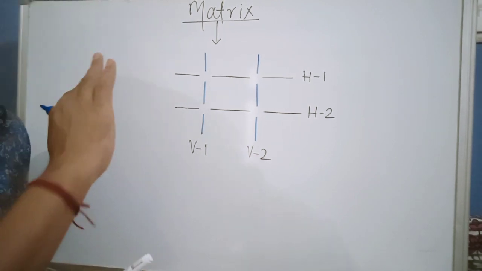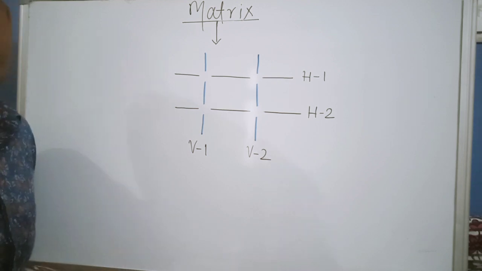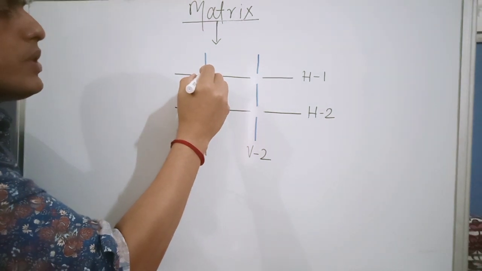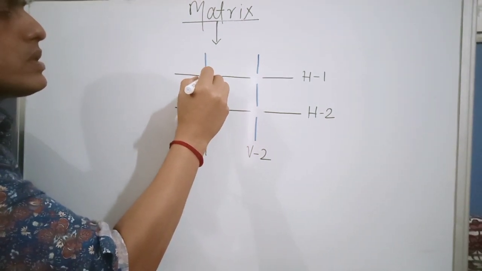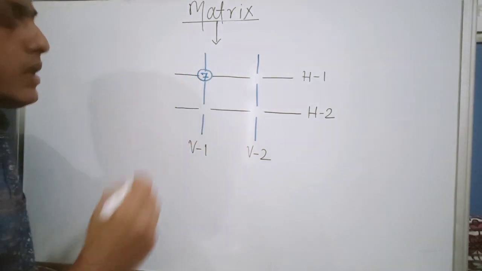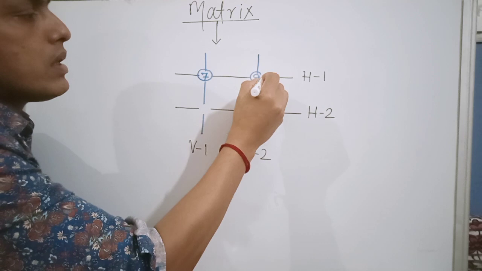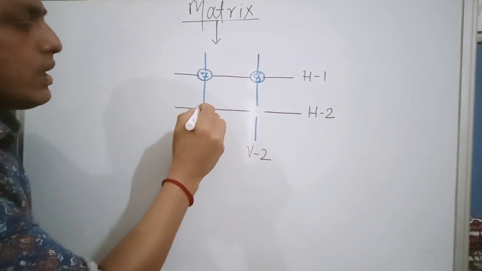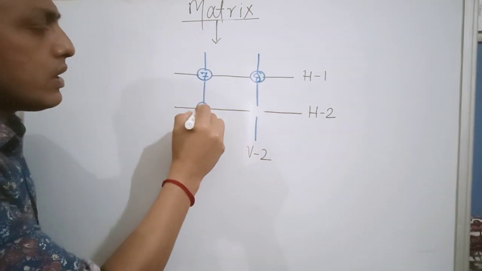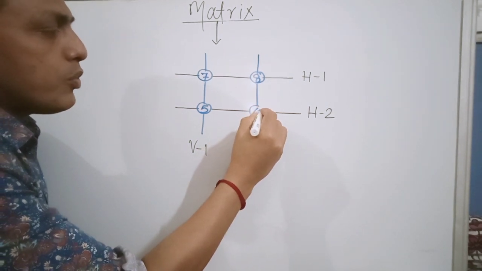So take any number, there is no restriction about the number. So suppose I have taken 7 for the first point, 8 for the second, 5 for this point, and 4 for this point.